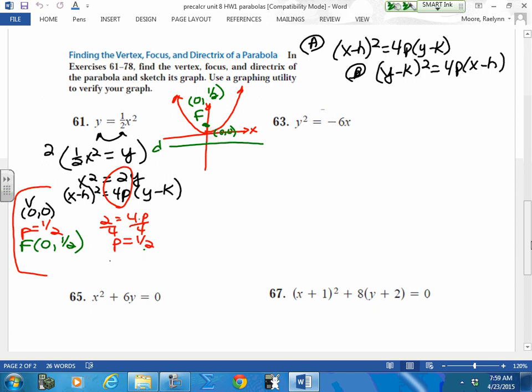Now, bring this point down, and this is at 0, negative 1/2, right here. But I don't want a point, I want a line. So a horizontal line is an x equals or y equals? Y equals. So what's the value of y? Negative 1/2. So my directrix is y equals negative 1/2.